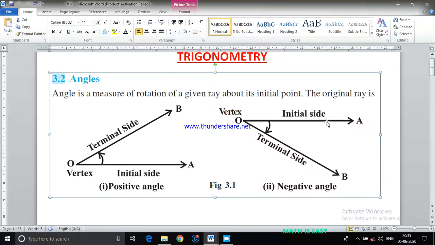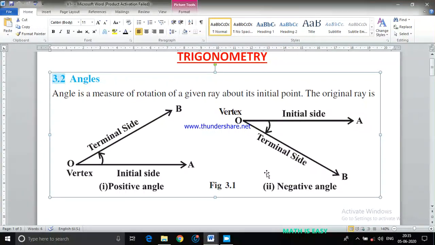Here, for example, you can see this is the initial side and this is the terminal side. Initial means my ray started from here and moved towards this direction and it stopped here. That's why you have initial and terminal sides. Now the line is moving downwards, it will go like this.